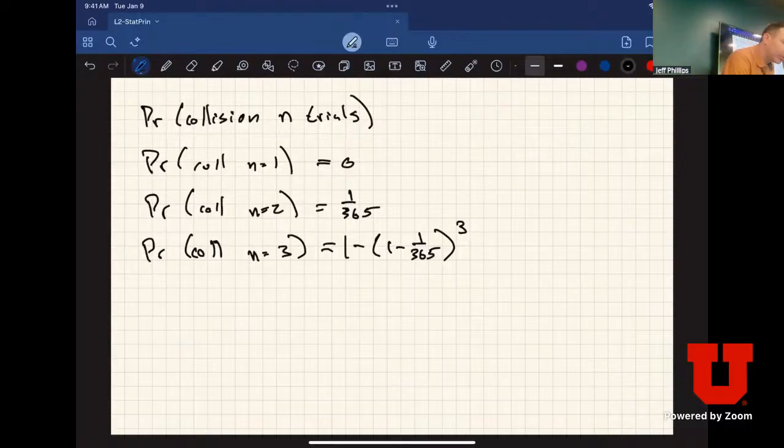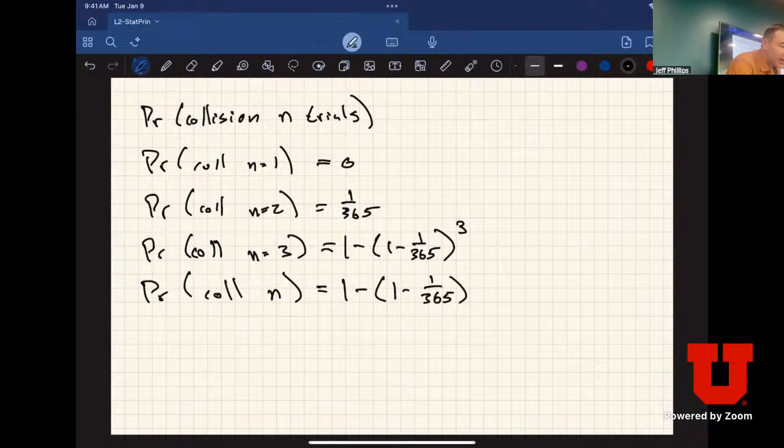So in general, if I follow this analysis for general N, I'm going to get 1 minus (1 minus 1 over 365) to the power N choose 2, and this is approximately N squared over 2.